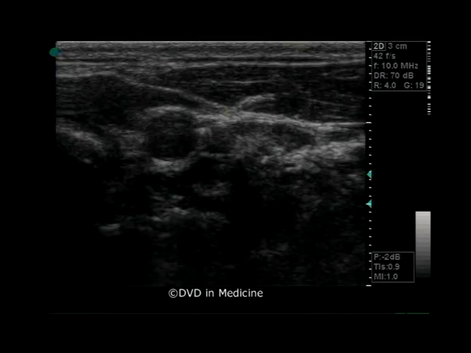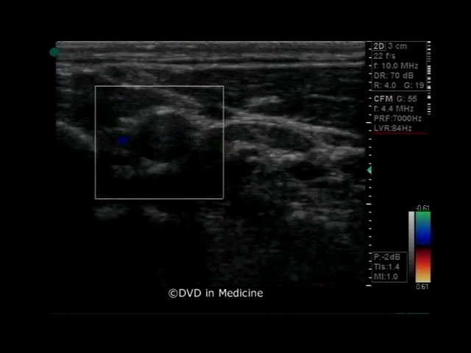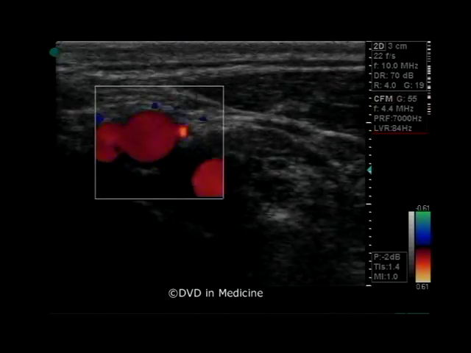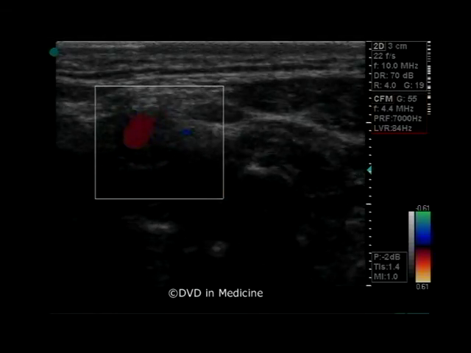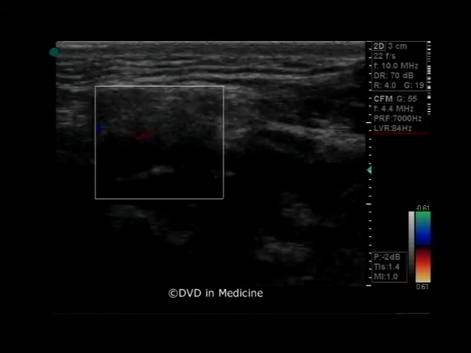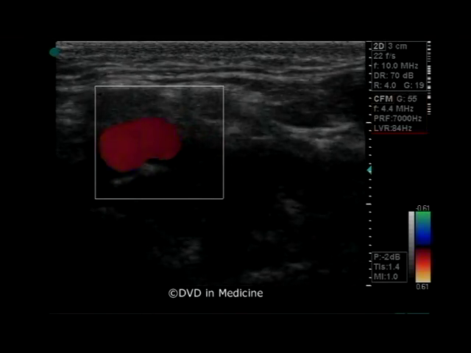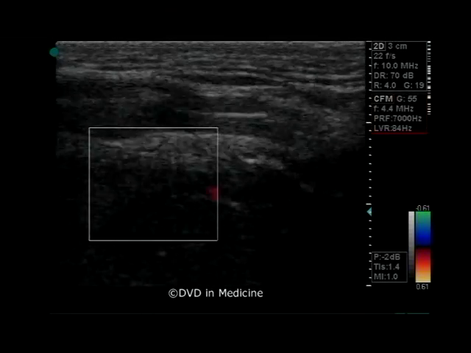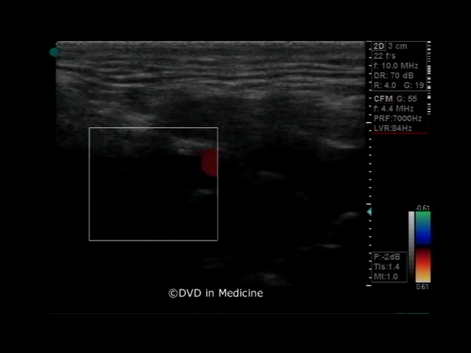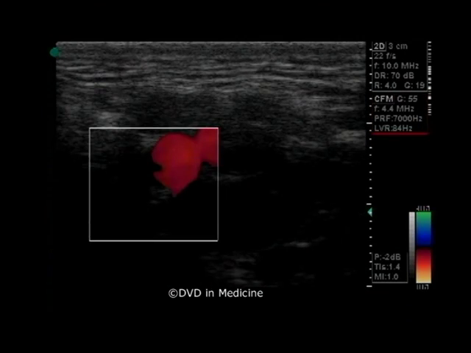The two branches of the common carotid artery are the internal carotid artery and the external carotid artery. It is essential that they are identified positively. Otherwise, there is the possibility that disease in one vessel will be mistakenly attributed to the other, which may lead to further inappropriate investigations.